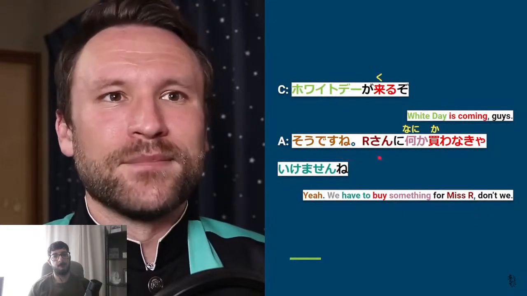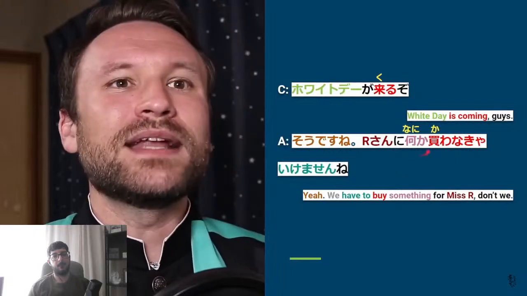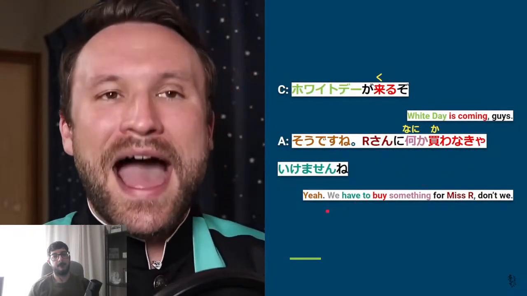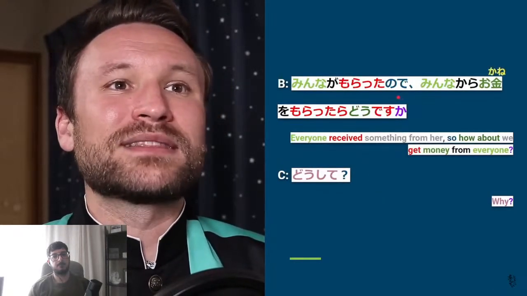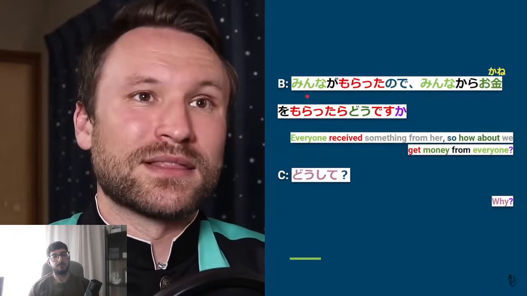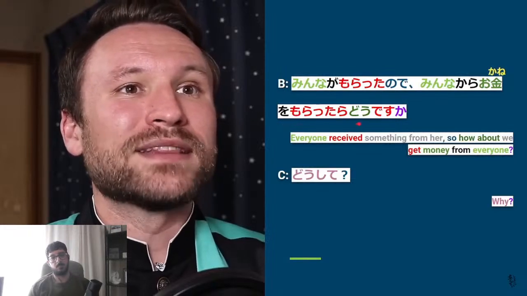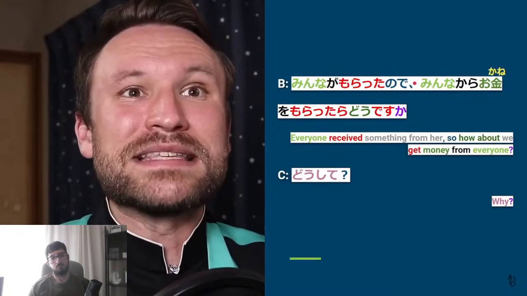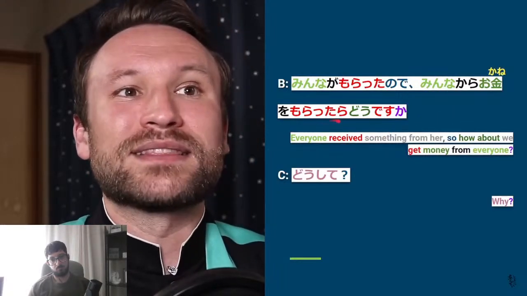We must buy something for Miss R. みんながもらったので everyone received something from her. みんなからお金をもらったらどうですか? So why don't we, in this case, みんなからお金をもらったらどうですか?